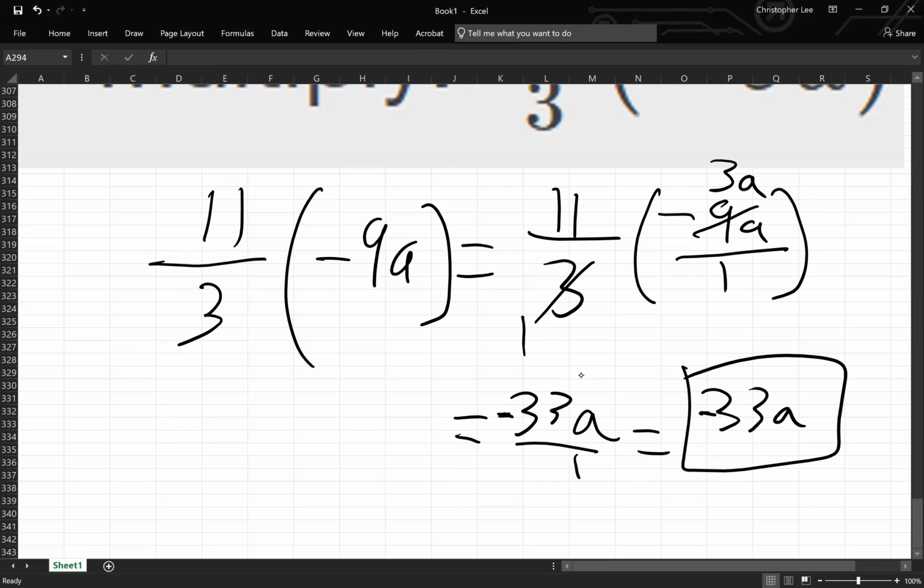One of the textbooks has something in it about that. Then how many times does 3 go into 9? 3 goes into 9 three times, so 3a. Well, you know what? It should be negative 3a. That makes more sense. And then you just multiply times 11.